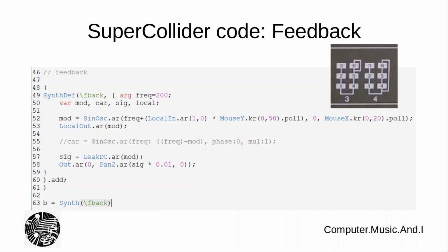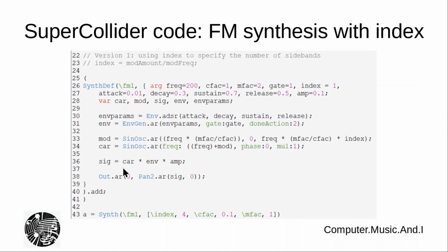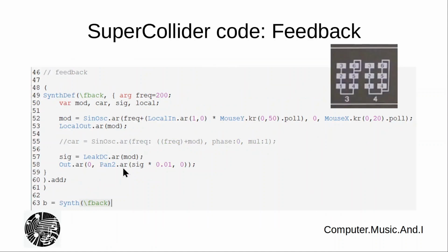There's a high value, very stable high value. Okay, so this is how you do feedback within SuperCollider and use it. So you may try it out to extend this FM synth to also add feedback.